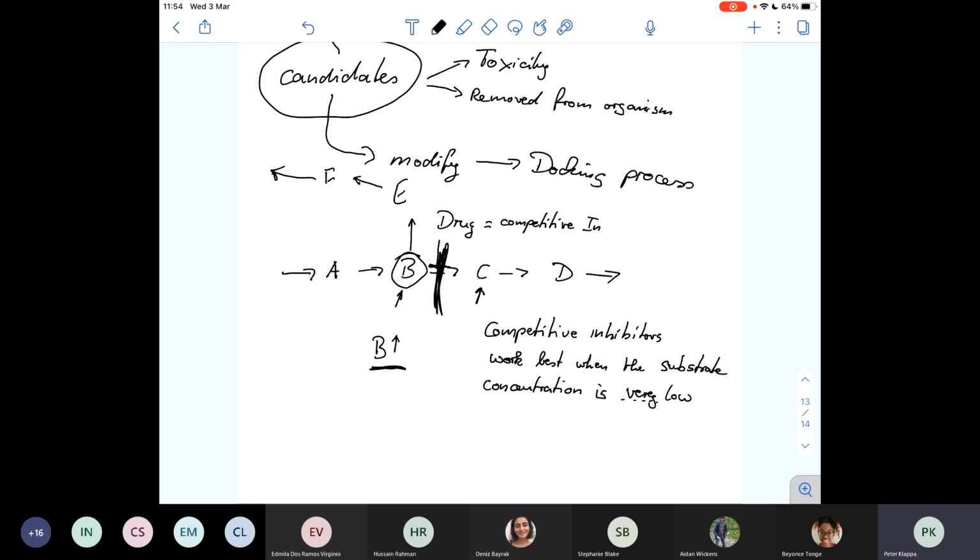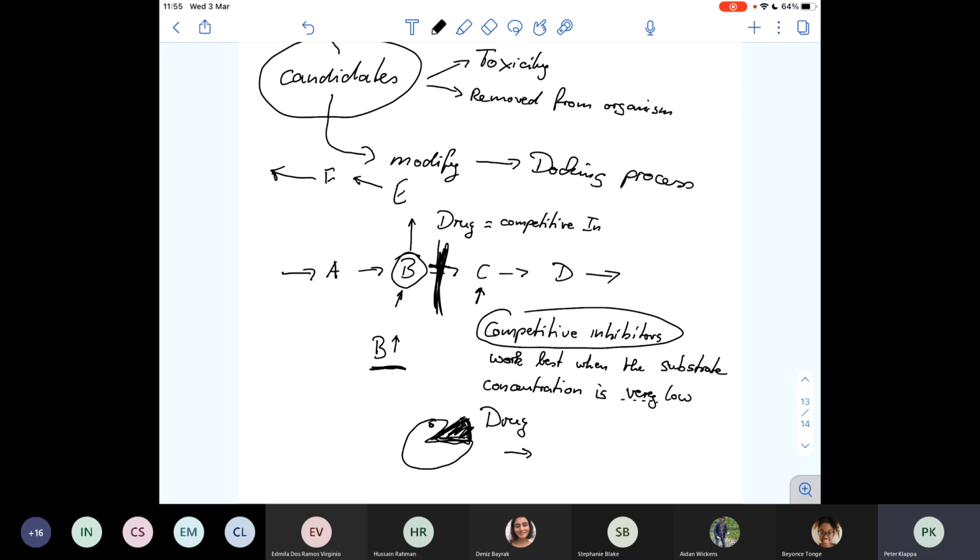But with our competitive inhibitor, with our drug now, we have something that actually binds. This here now is our drug. That's the inhibitor. That's the drug that binds to the active site. And this drug stays longer, much longer in the active site because it blocks it.